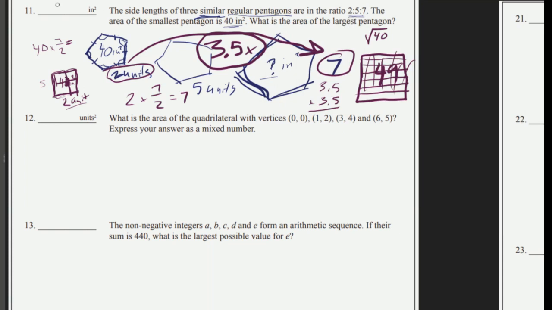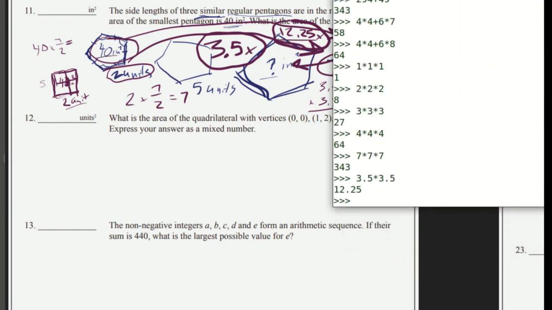Okay. So that means the area is going to get multiplied by 12.25. The area is going to go from 40, and it's going to get multiplied by 12.25 to get the area of this thing. Is that right? Yeah, I think that's right. So 40 times 12.25.